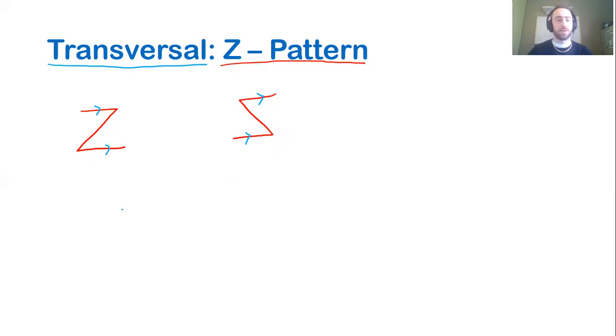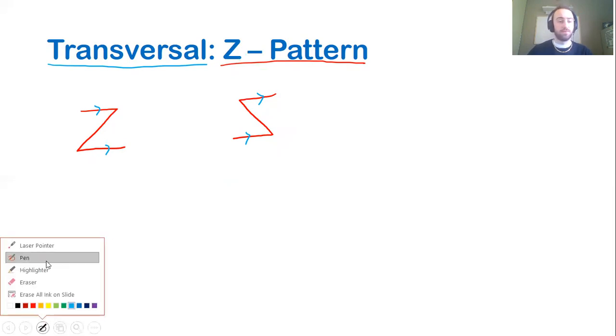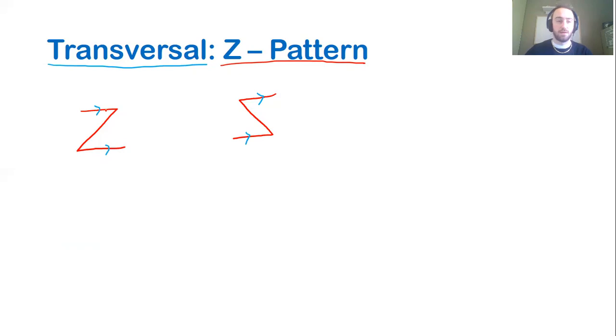Definition of transversal. So with a Z pattern, what does this tell us about angles? It tells us the angles here and here are equal to one another. Conversely, on our backwards letter, it's still the same. It's the inside angles that are equal to one another.